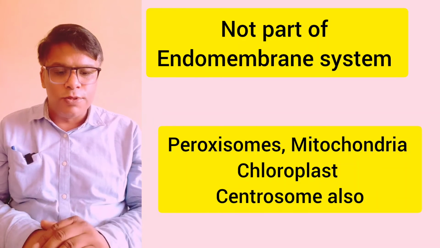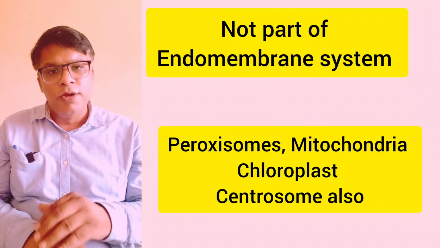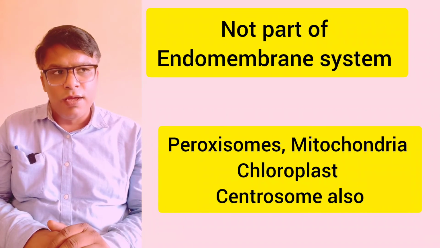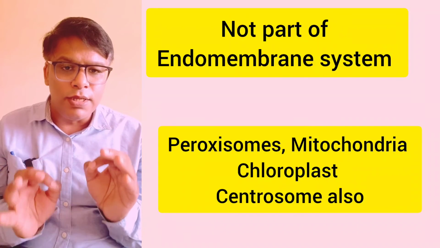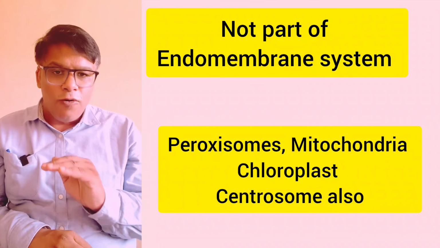Keep in mind that peroxisomes, mitochondria and chloroplasts are not part of the endomembrane system. Hopefully through this video you have clarity about which organelles are part of the endomembrane system.